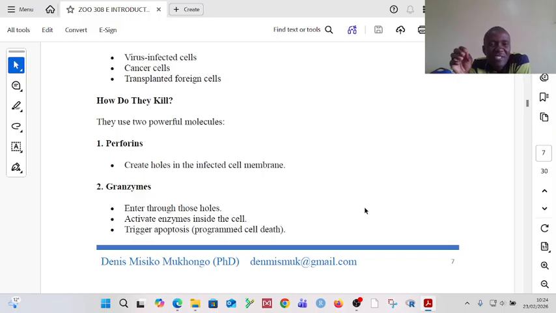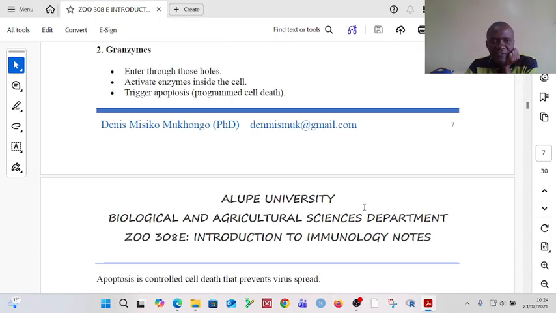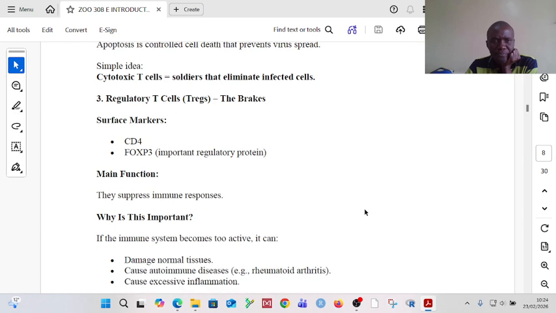Once the granzymes have gotten inside the cell, they will activate other enzymes inside that cell to kill that particular cell. That is how the cytotoxic T cells kill the infected cells.